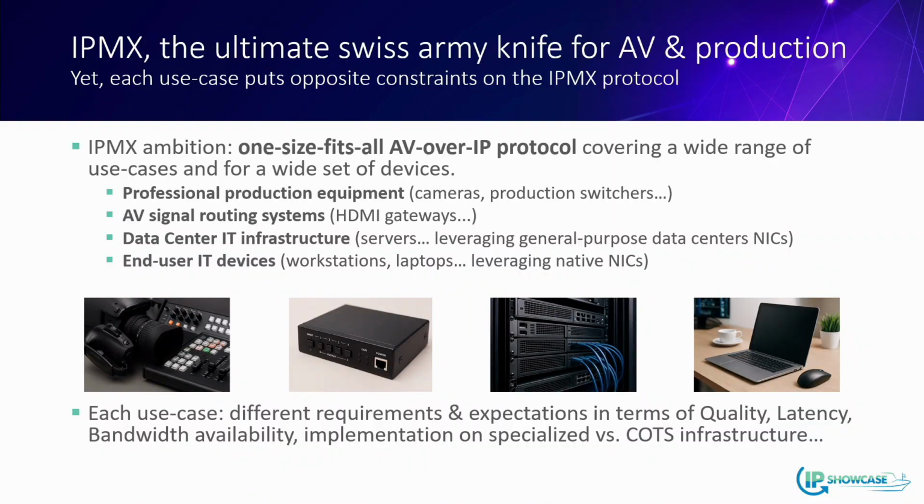So it can be professional IT infrastructure, such as servers, but also more end-user IT infrastructure, such as laptops and workstations. And with all of those devices, you've got different specifications, and you've got to design the specifications so that you can implement IPMX on those devices.